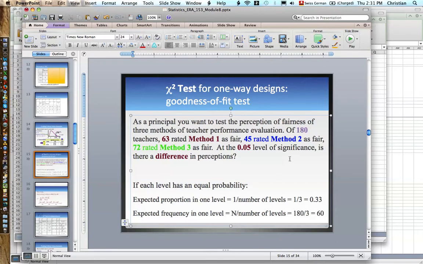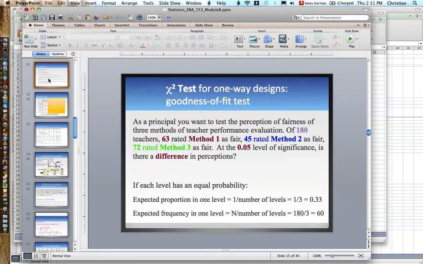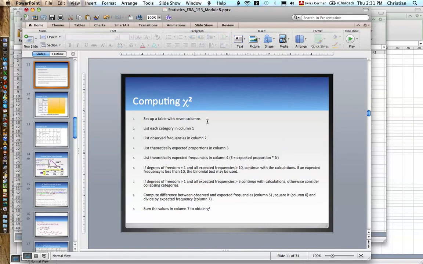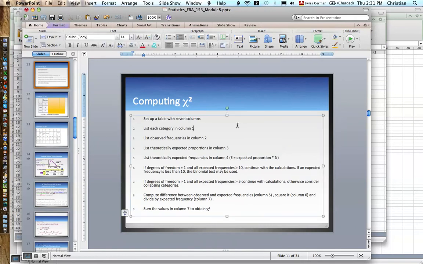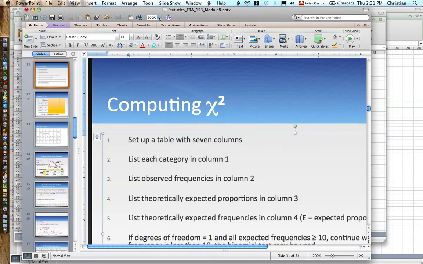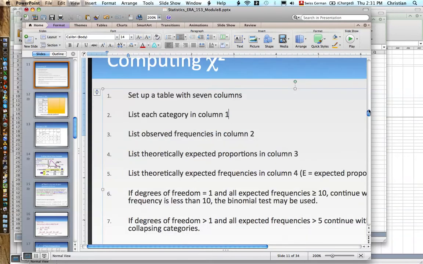Now, for the calculation, I really recommend following this process right here, because it's exactly the same thing for the test of independence when you have 2 variables in your chi-square. It's the exact same thing.